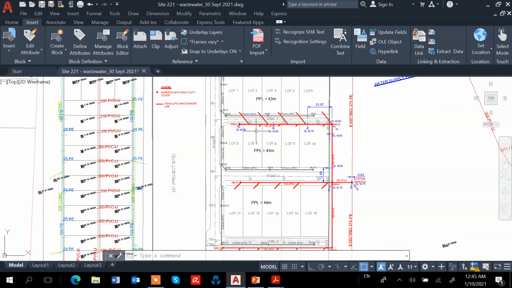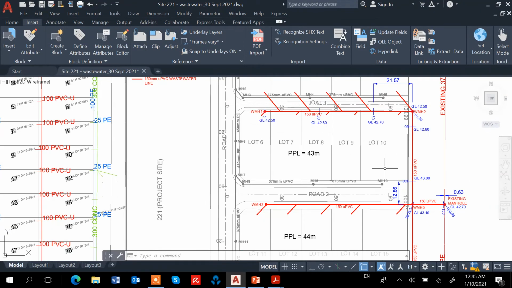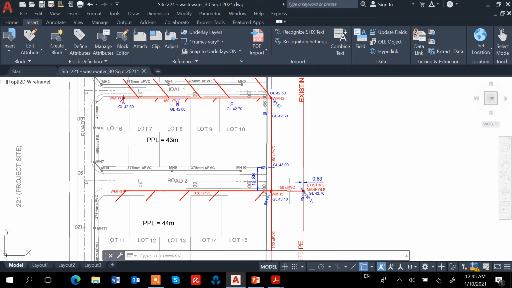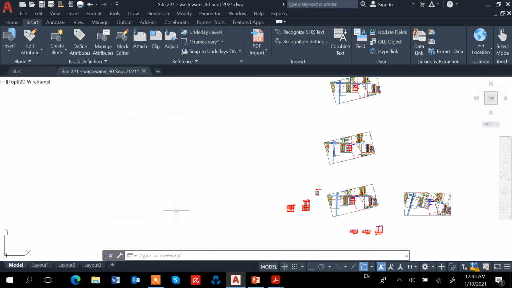Okay, so for the invert level, I put the ground level as well. The invert level is to be walked from the existing manhole, and then we walk backwards and it's going up.